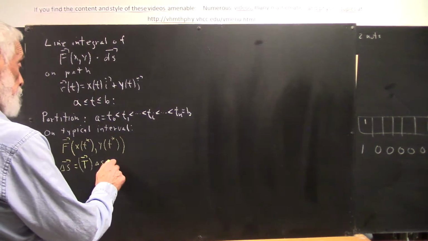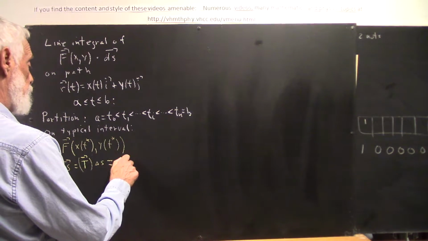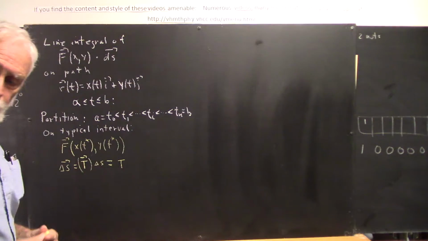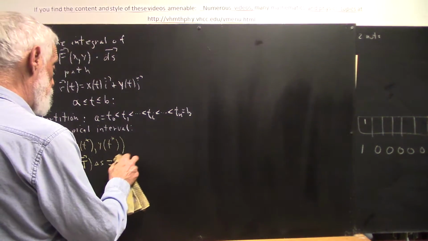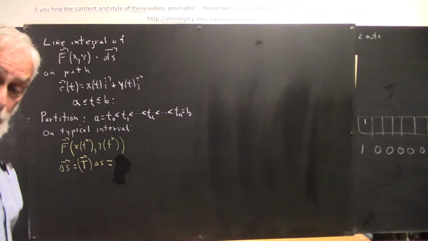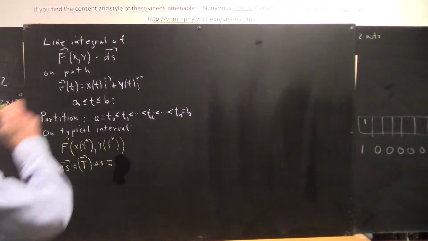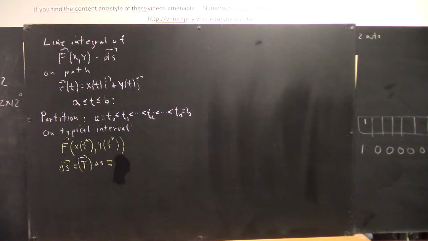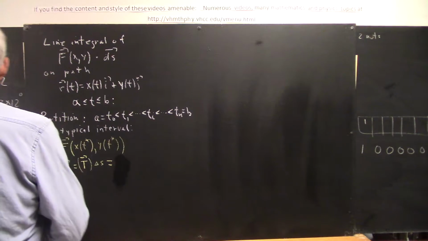Okay? So how do we get this? First of all, we evaluate our unit tangent vector. Well, first mistake. Our unit tangent vector is just going to be the derivative of our r of t function, because of course r of t defines our curve.